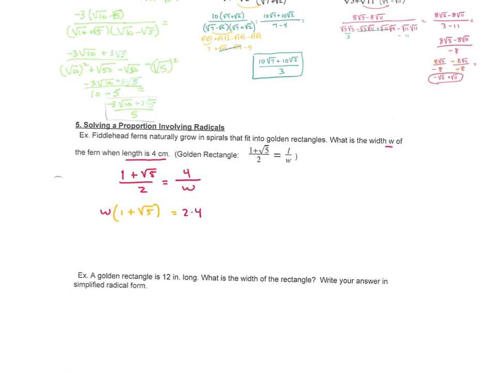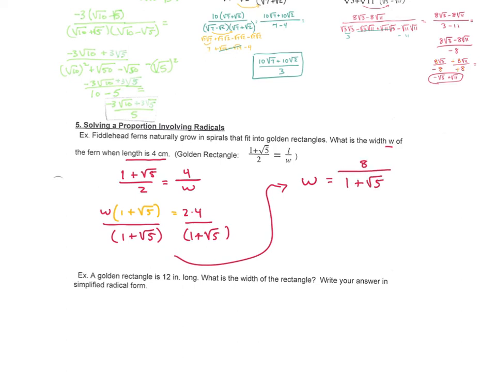And that is going to simplify to W plus, not W. I want to stop there because I'm trying to solve for W. So how would I solve for W? Well, I can go ahead and divide away what is being multiplied by W, which is going to be 1 plus the square root of 5. And so I divide both sides by 1 plus the square root of 5, and then that is going to become W is equal to 8 divided by 1 plus the square root of 5.